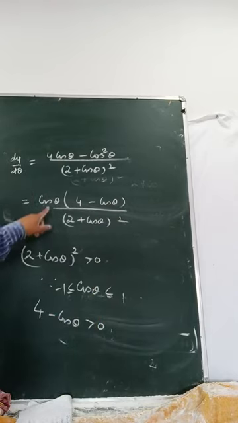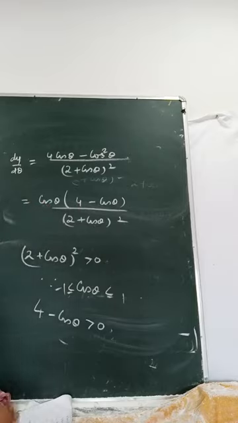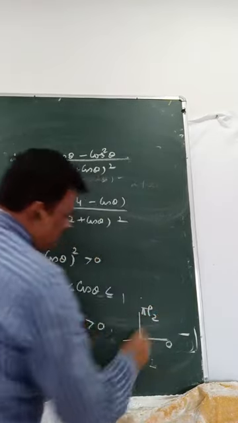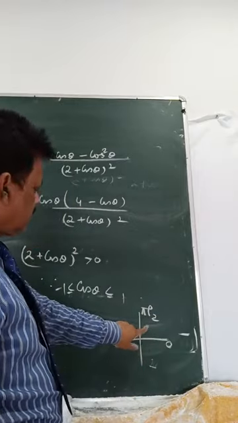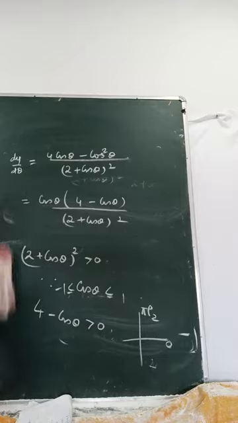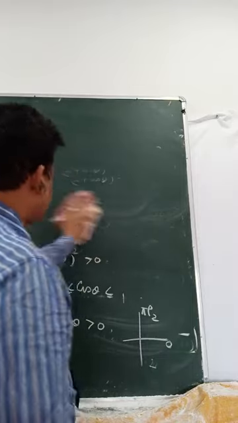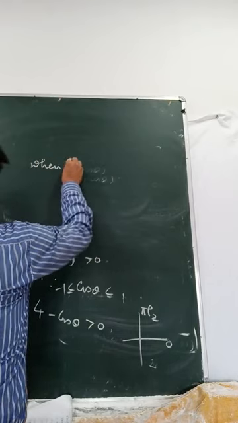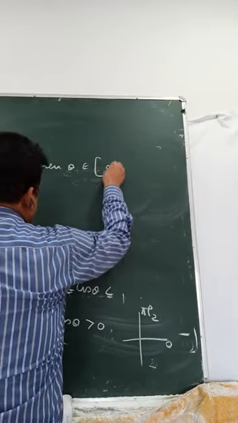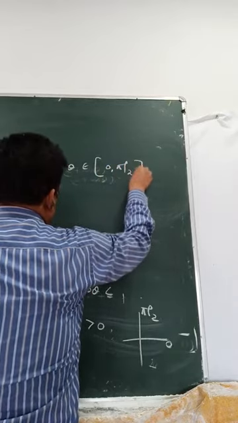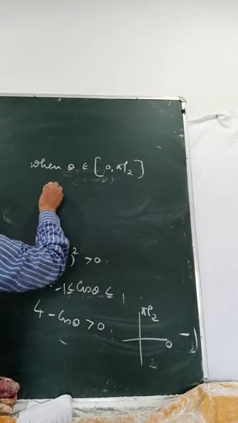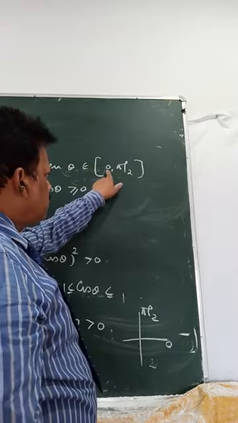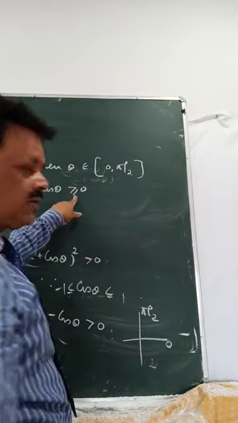So the deciding factor is cos theta. When we look at the given interval 0 to pi by 2, cos theta is positive. When theta belongs to the given closed interval, cos theta will be greater than or equal to 0 because we are including both the points. So that is why equality will come up.